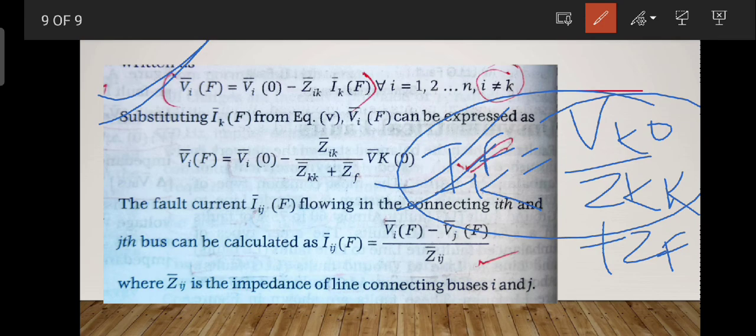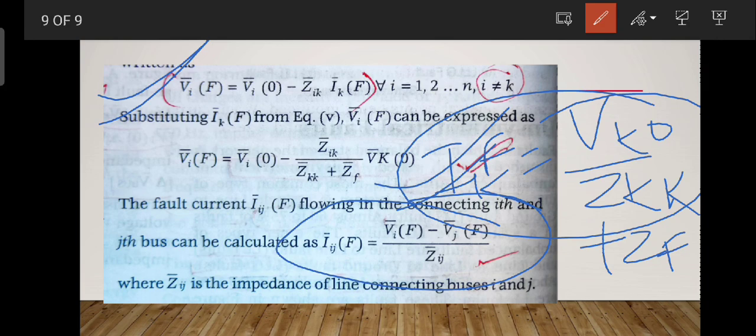The fault current Iij fault flowing through the line connecting the ith and jth bus can be calculated as Iij fault equal to Vi fault minus Vj fault divided by Zij, where Zij is the impedance between i and j. It is clear to you, I think.